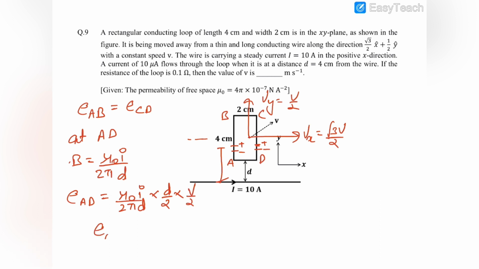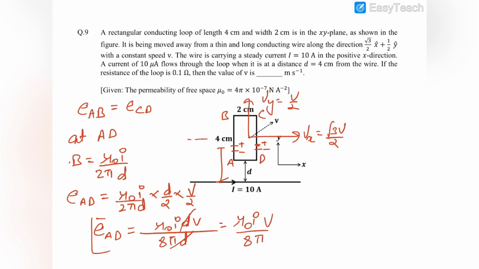So EAD will be equal to mu naught I D V by 8 pi D. So cancelling this D with D, it is mu naught I V by 8 pi. Okay, so this is the EMF induced in the wire AD.